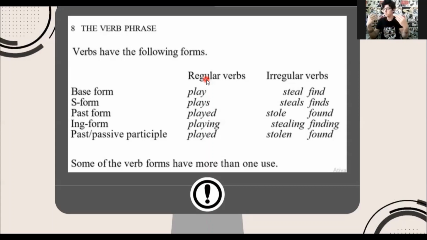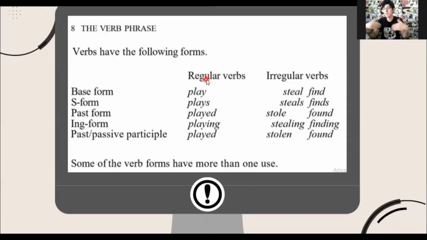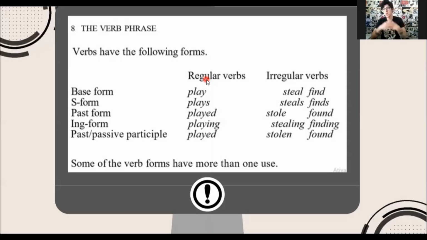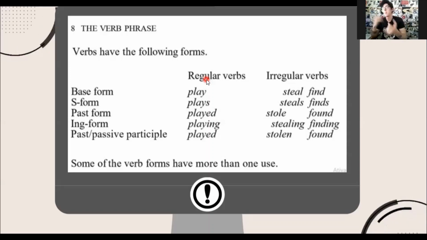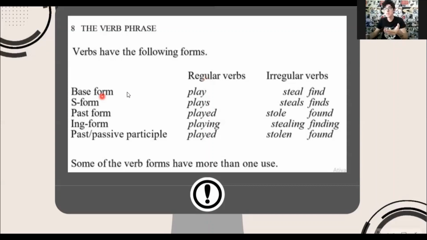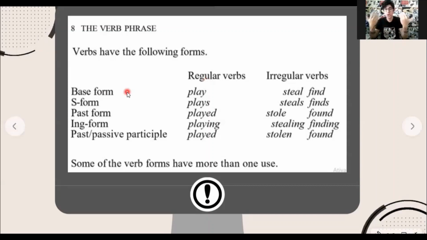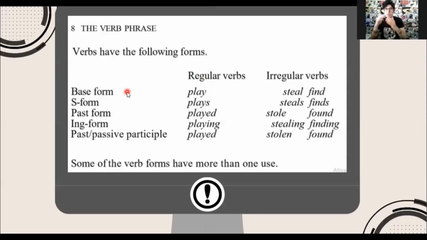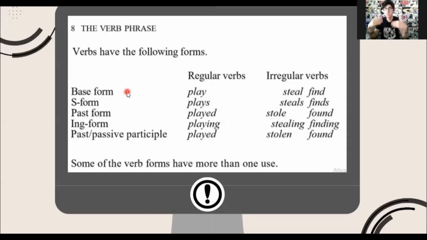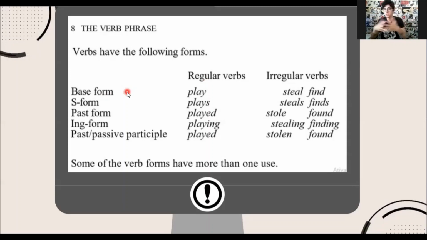Some of the verbs have more than one use. So those are the verb forms that we have. The base form has no conjugations. We are going to see the use of these verb forms on the next board.